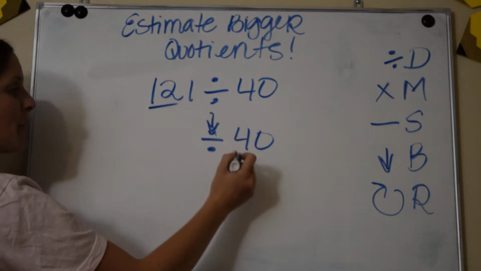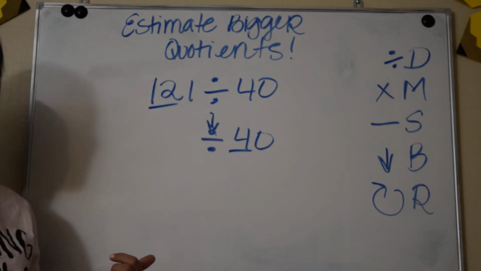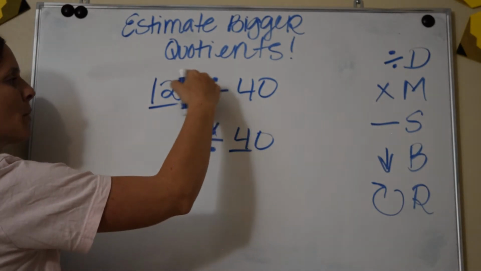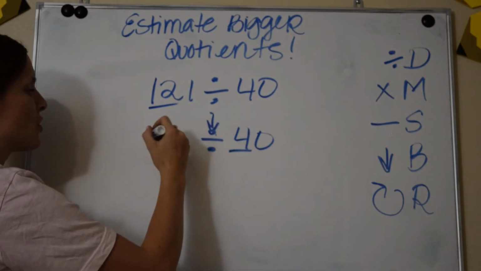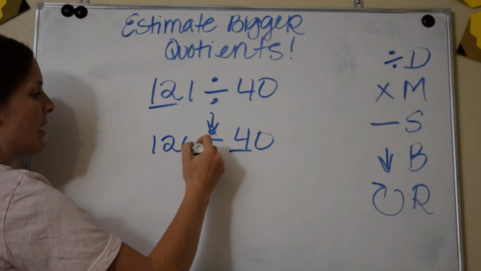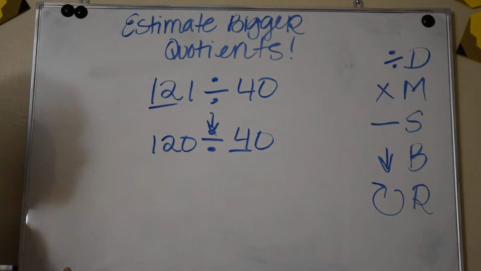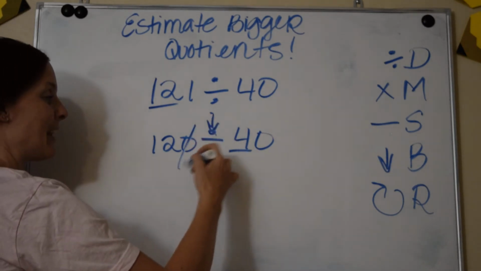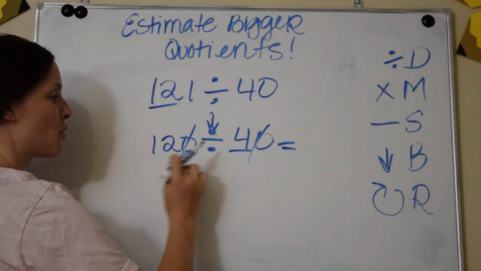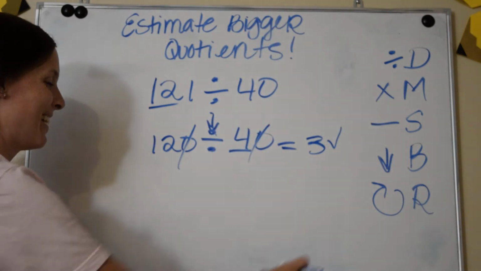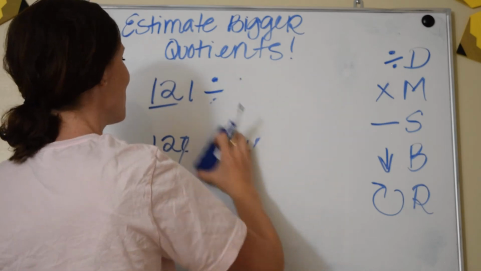Well, the 12 and the 4, those are fact families, right? I can do 12 divided by 4. So all I need to get rid of is this 1. So I'm going to change that to a 0. So I'm going to say my new equation is 120 divided by 40, because that's easy. I can cancel out the zeros, and 12 divided by 4 is 3. And you're all done. I'm going to do one last one.